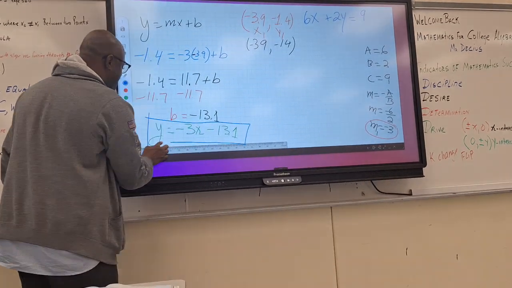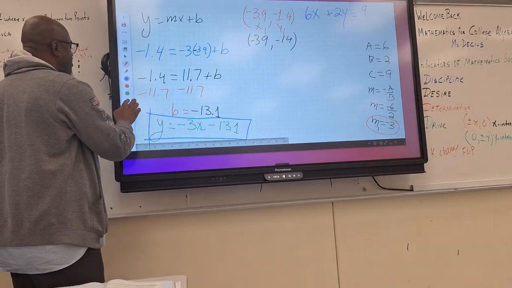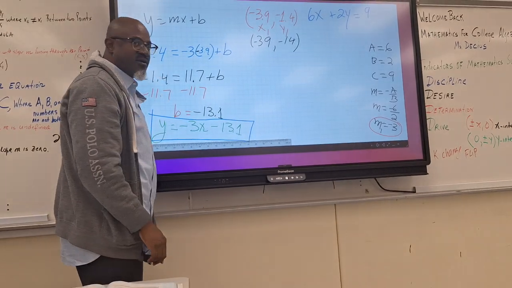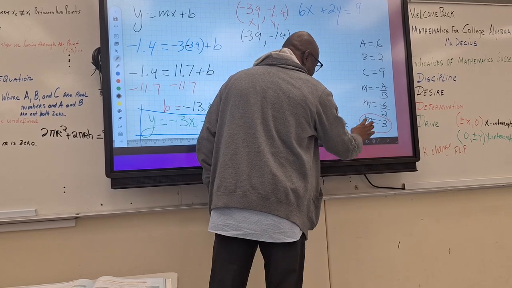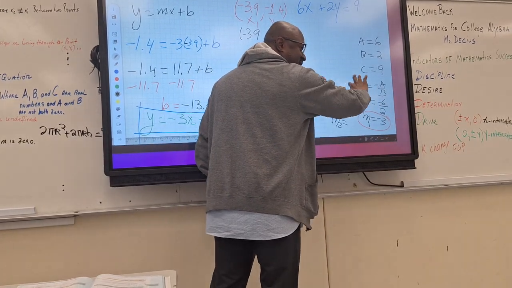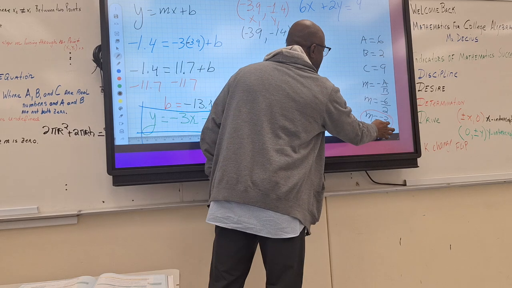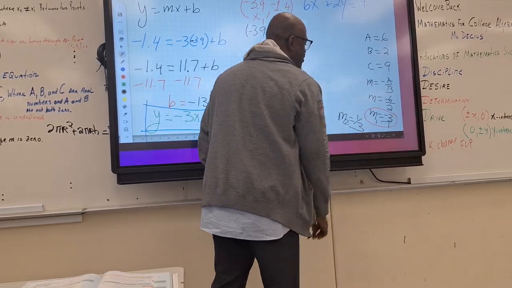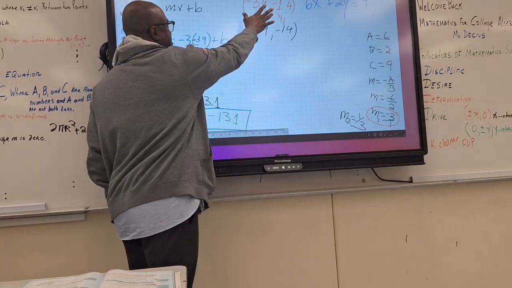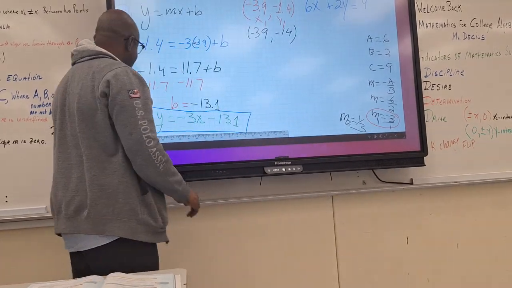Now for the perpendicular one, what will be my slope? 1/3. The slope perpendicular to that is the opposite reciprocal. It was negative 3 over 1, therefore this will be 1/3. Then I'm going to use the same point again.